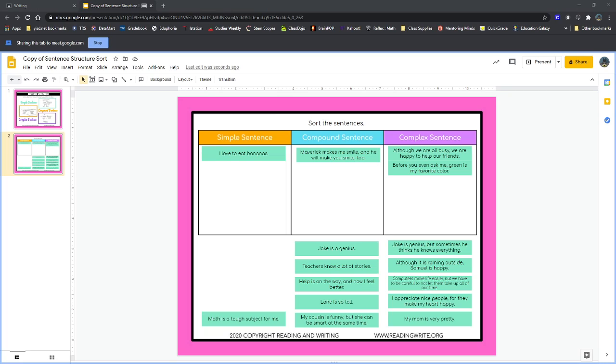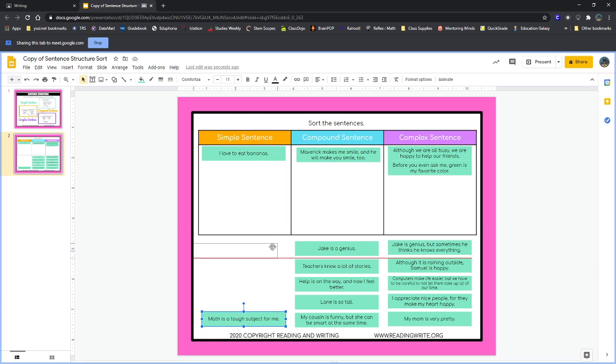What about the next one? Math is a tough subject for me. Would that be a simple, would that be a compound, or would that be a complex sentence? Ezekiel, what do you think? Simple sentence. There's not a lot of extra information there. I don't see a comma and a conjunction. I don't see any extra information.